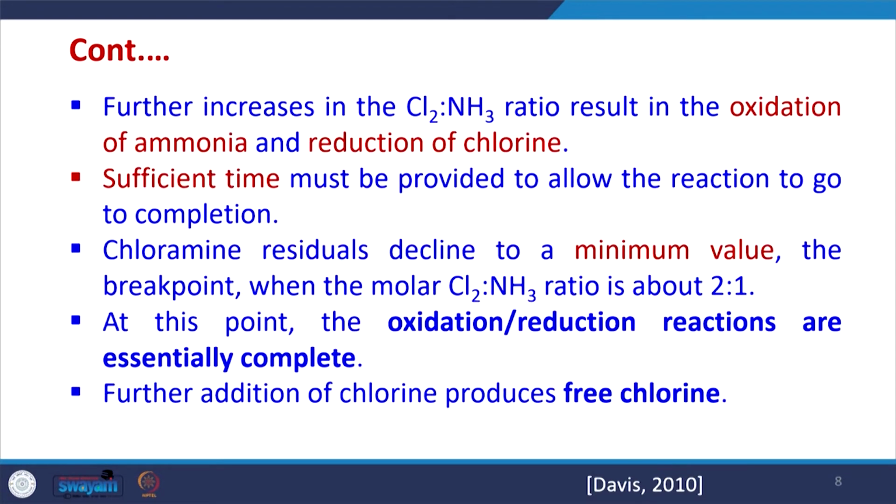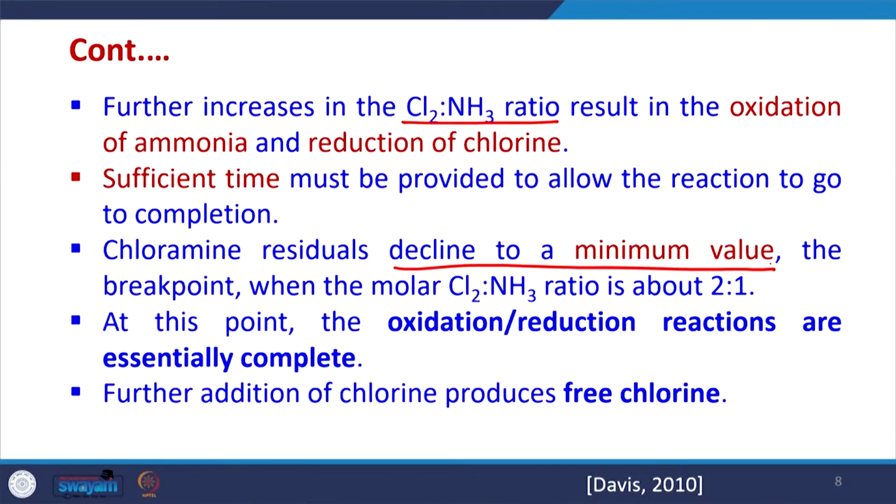Now, after that, a further increase in this Cl2 to NH3 ratio will result in the oxidation of ammonia and reduction of chlorine, so sufficient time must be allowed for this to complete. The chloramine residuals thereafter decline to a minimum value, and this break point will occur around a molar Cl2 to NH3 ratio of 2:1.